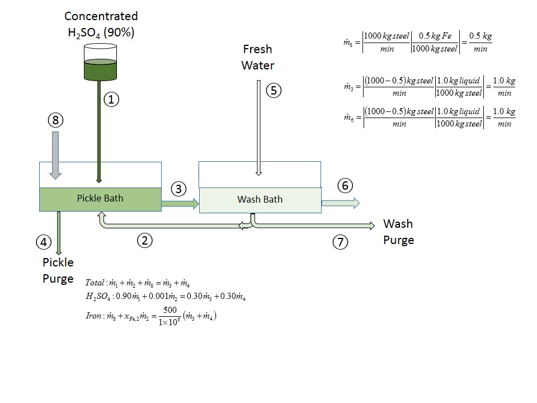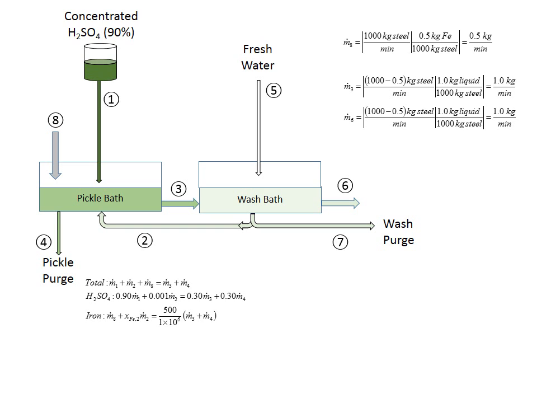So coming in stream 2, 0.1% is 0.001 mass fraction, and we'll multiply that by the total stream 2 flow rate, m.2. And then that will equal the sulfuric acid leaving in streams 3 and 4. And in the pickle bath solution, the concentration of sulfuric acid is a 0.3 mass fraction.